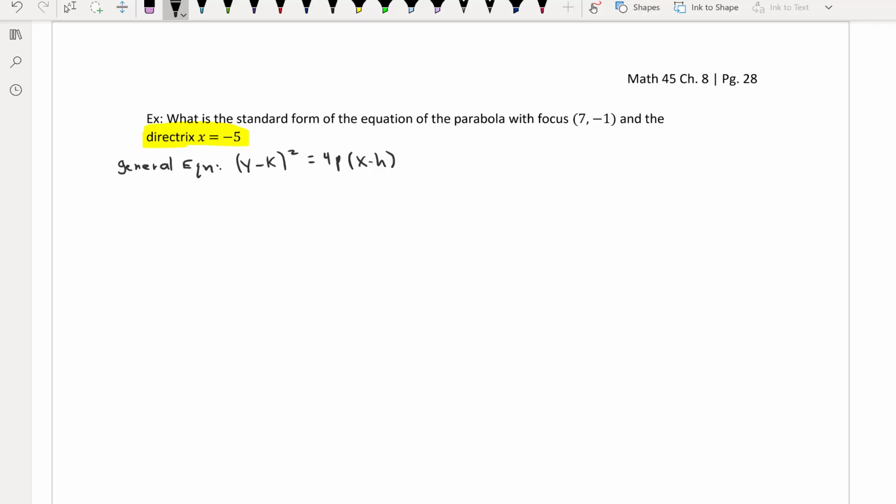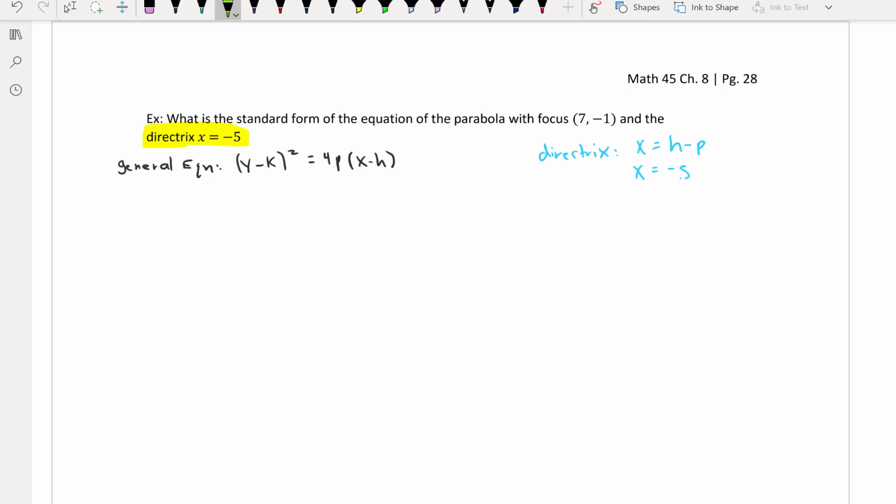And it was all because the directrix was equal to x equals a number. So for my directrix, the general form is going to be x is equal to h minus p. And here I have x is equal to -5, all right?